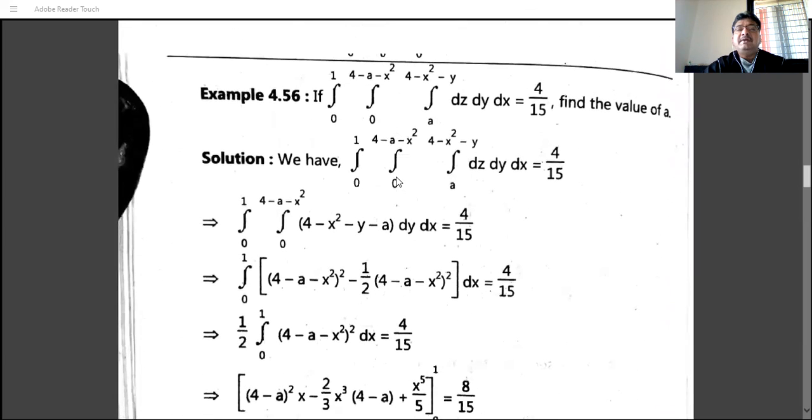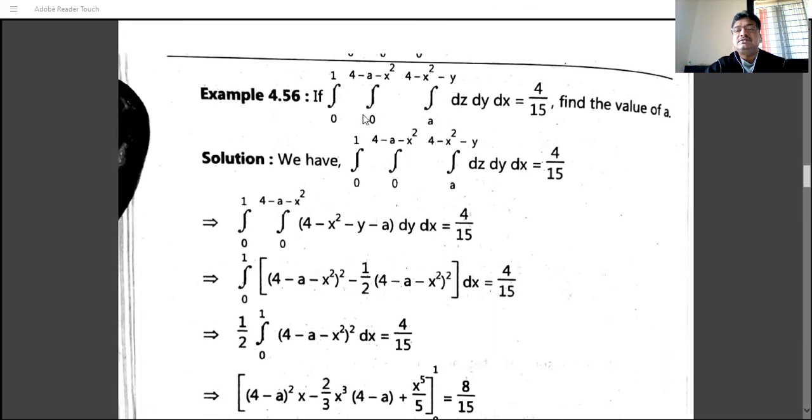Then the next problem is a triple integration: 0 to 1, then 0 to 4 minus x square, and a to 4 minus x square minus y. So this limit is in terms of x and y, two variables, and so this is the limit on z.